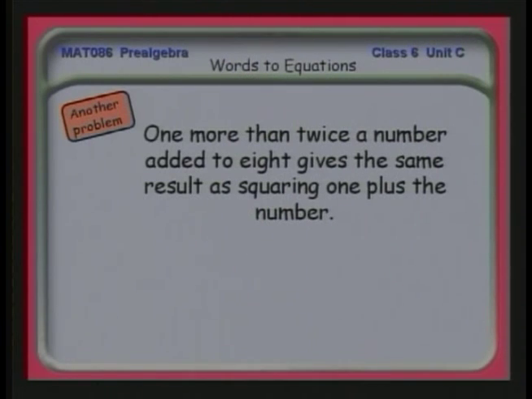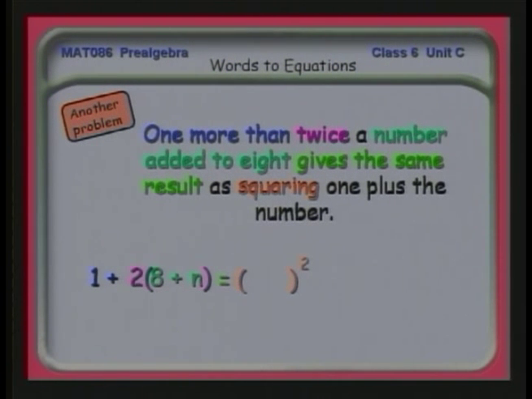Let's look at it though. 1 more than twice a number added to 8 gives the same result as squaring 1 plus the number. 1 more than twice a number added to 8 equals the same as squaring, there's the square, 1 plus the number.